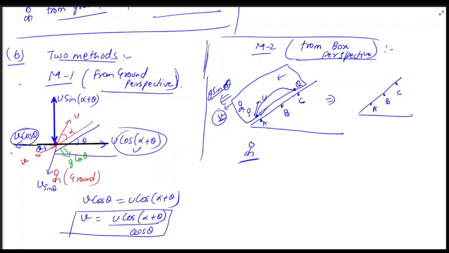If the box is at rest, then the particle will be at Q, and we will see it just above the C, right? But what happens is this: this is our Q, this is our P. The particle started from here, but it will reach here, between B and C. That is why from outside we have seen the particle like this.